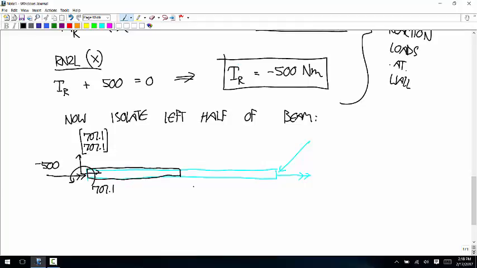So I'm going to call this force R. And then I'll call this MR. And then this torque along the long axis of the beam I'll call T, script T.